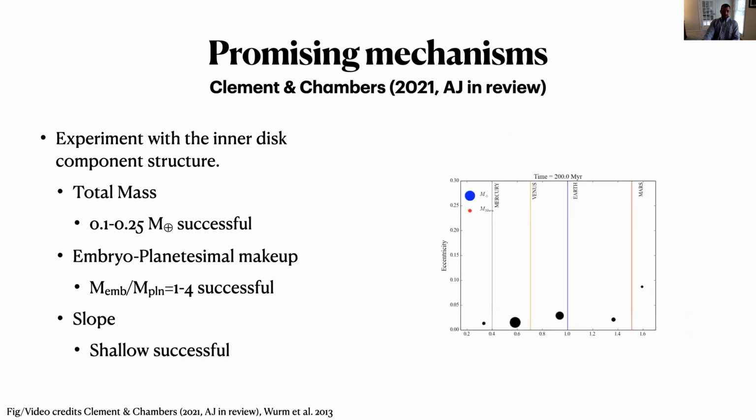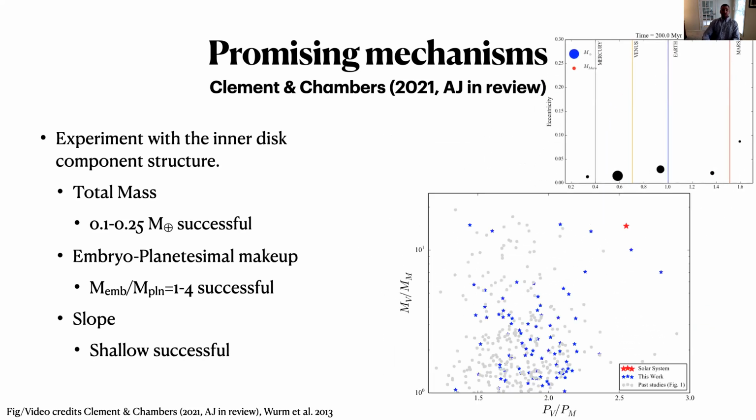However, this was just a minor effect. And finally, we varied the slope of the surface density profile and found shallower slopes tend to be more successful, again, preventing Mercury from getting eaten up by Venus. You can see here, while we do form a bunch of bad Mercury-Venus systems, several of our results from these more ideal combinations of parameters are extremely compelling.